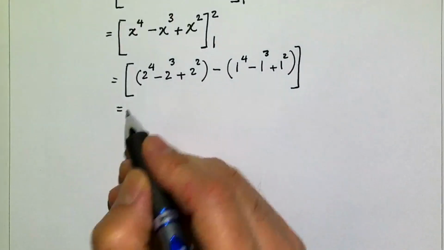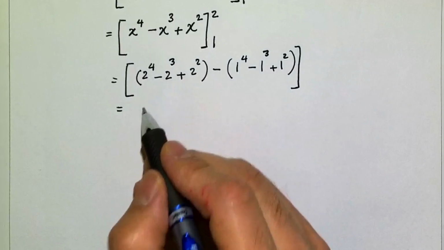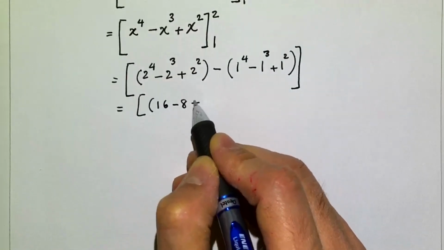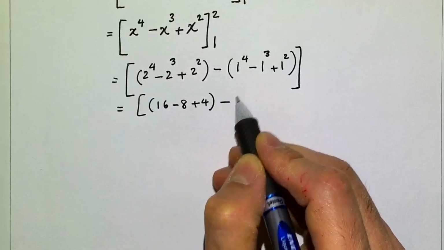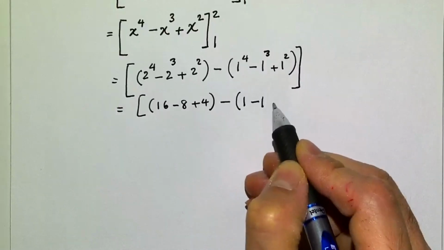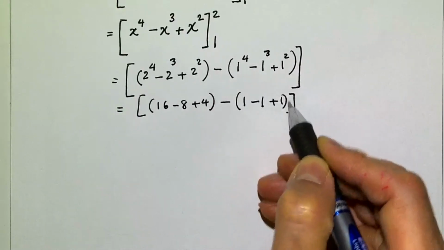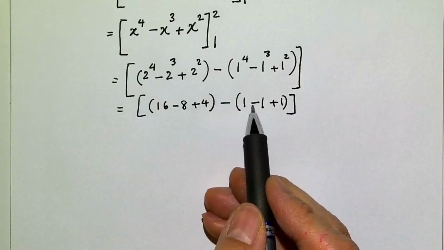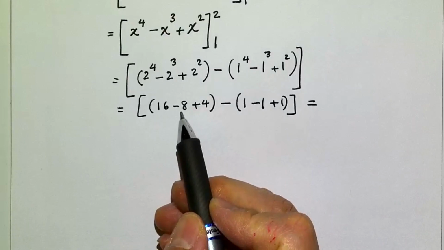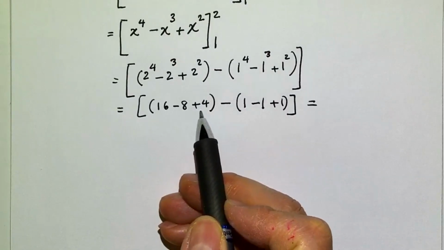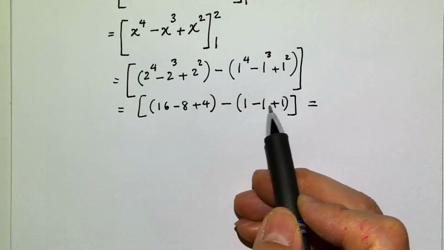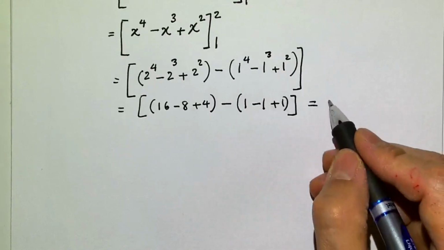Okay, so then let's calculate all of this. We have 16 minus 8 plus 4 minus 1 minus 1 plus 1. And then we have to distribute that minus, and when we do all of that, 16 minus 8 is positive 8, plus 4 is 12, and minus 1, because these two cancel out, minus 1, it's just 11.